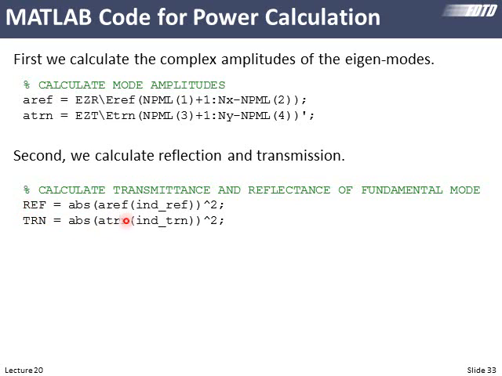And we do the same thing for the transmitted side and have the transmittance. Now we should be dividing by the amplitude of our source mode, but usually we make that 1, and so then it doesn't need to appear in these equations. So at this point, REF and TRN show us the fraction of power reflected into the reflected fundamental mode and transmitted into the transmitted fundamental mode.